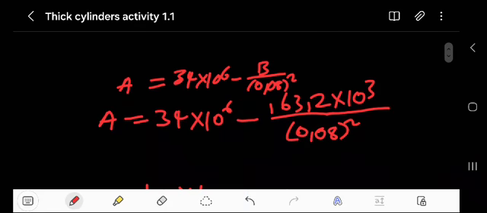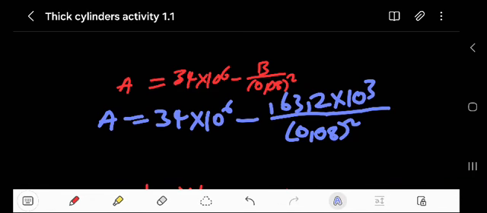So yeah, as I'm punching this, I'm supposed to get that a is 34 times 10 to the power of 6, minus 63,2 times 10 to the power of 3, divided by 0,08. Then you square this, then this will simply equal that.